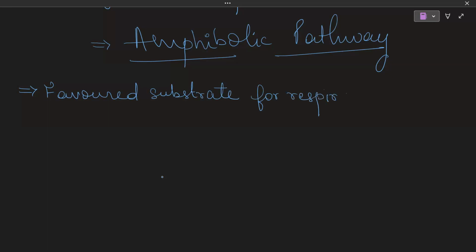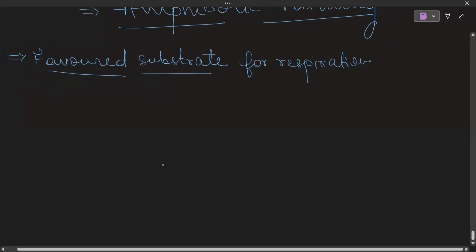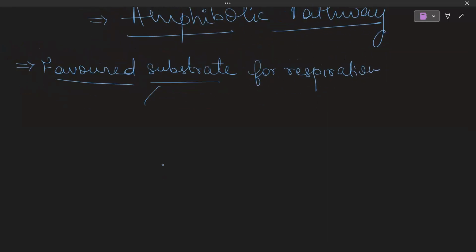Okay, now first of all, you people answer this question. What is the most favored substrate used for the respiration process? Substrate. It is the most favored one.